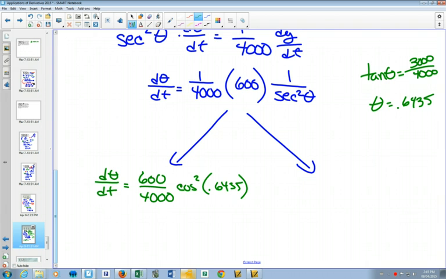And I get 0.096. That's pretty intuitive. That's why I need theta. I can find theta for my triangle, so I can just plug it in.